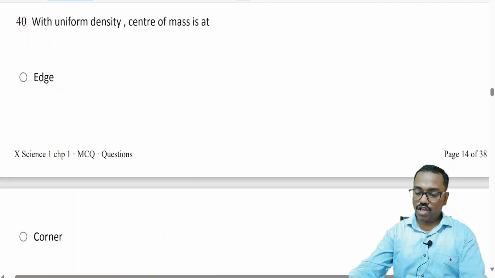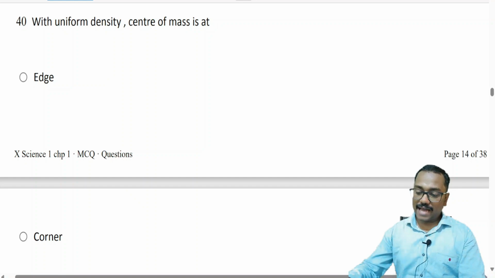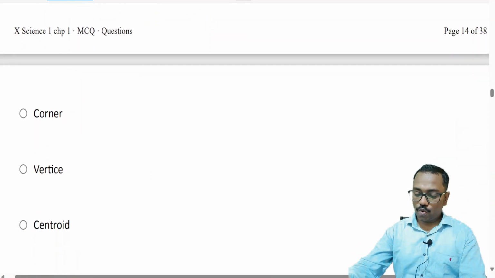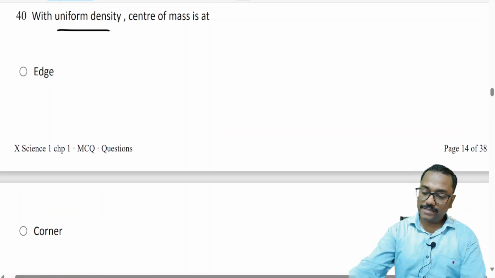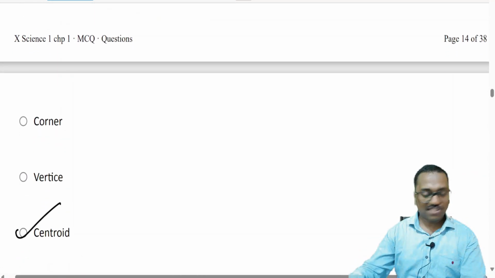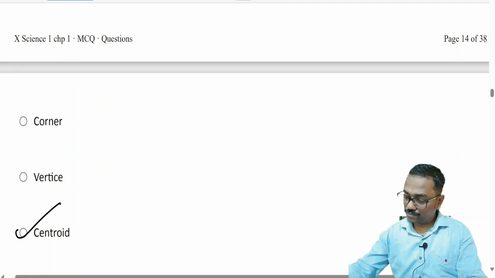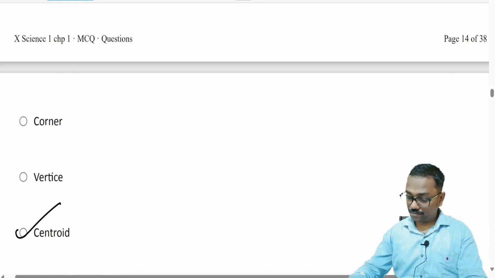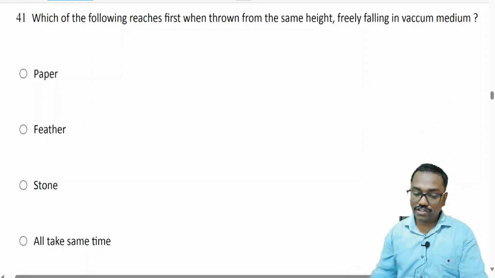40th question. With uniform density, the center of mass is at the edge, corner, vertex, or centroid. So if it is uniform density, then it is at the centroid. 41st question.